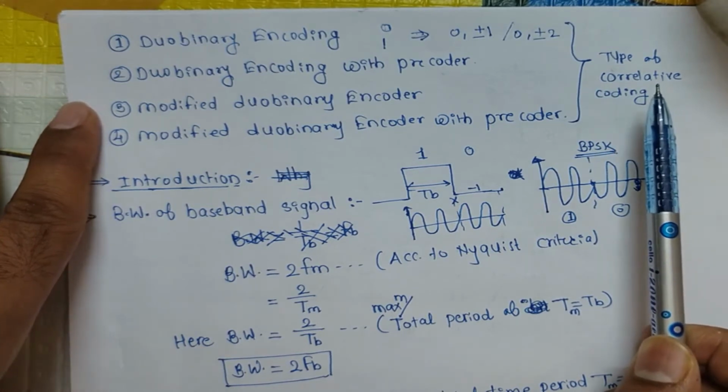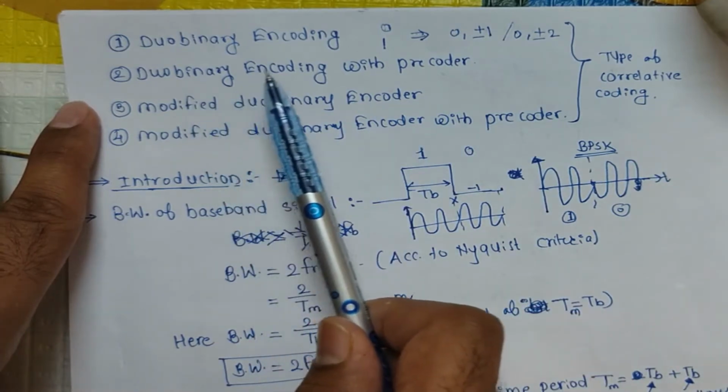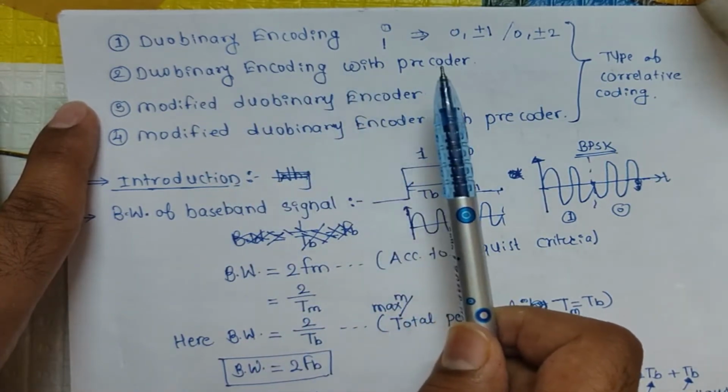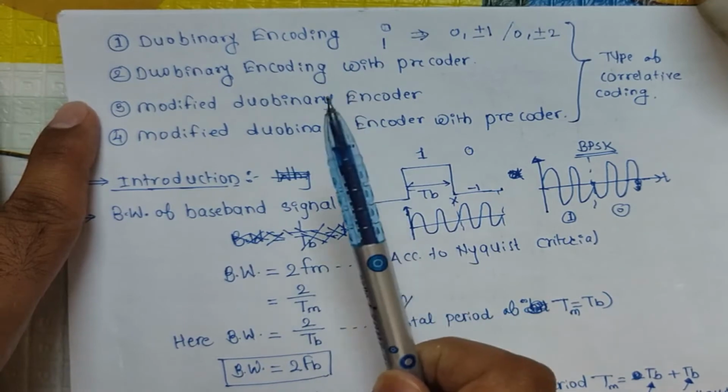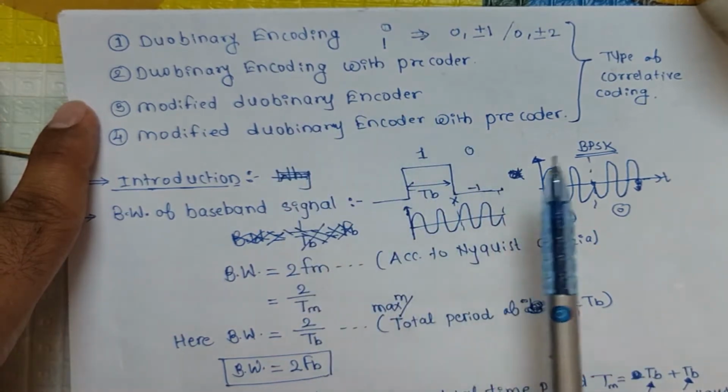Now let us discuss for what purpose we are going to discuss the duobinary encoding technique, or what is the use of it. The foremost use of this technique is to reduce the bandwidth of the baseband signal, as it is used in baseband binary transmission.